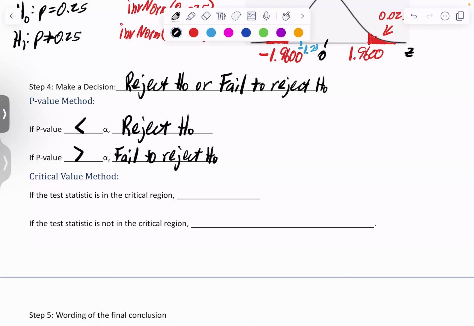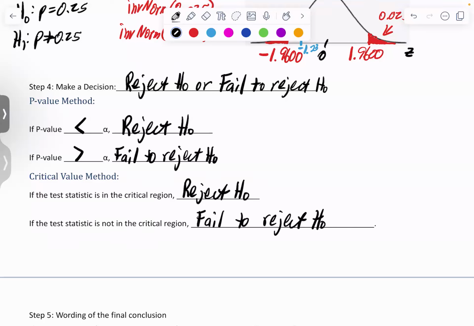That's the p-value method. The critical value method is if the test statistic is in the rejection region, then we reject the null hypothesis. If it's not in the critical region, then we fail to reject the null hypothesis. Now, you may want to highlight this because you're going to refer back to this for the rest of the semester.